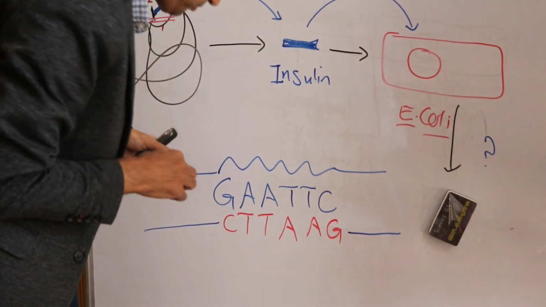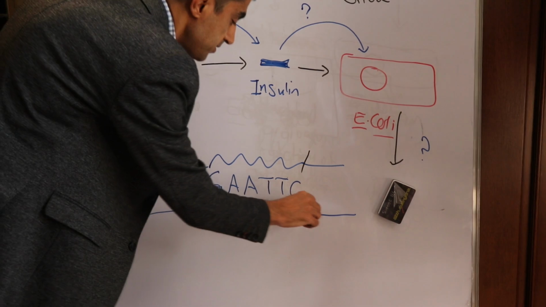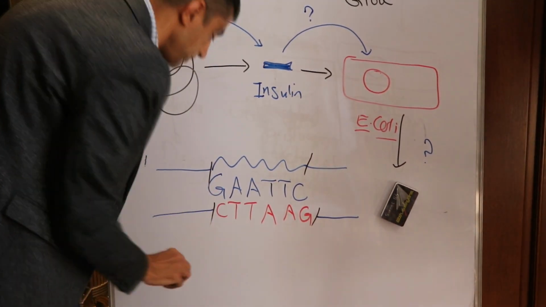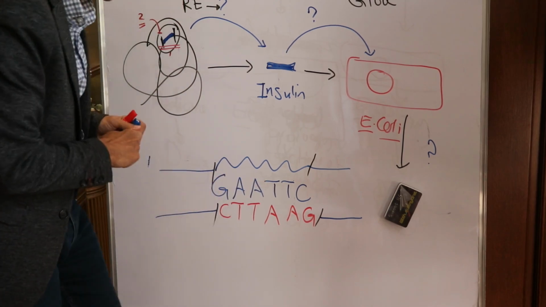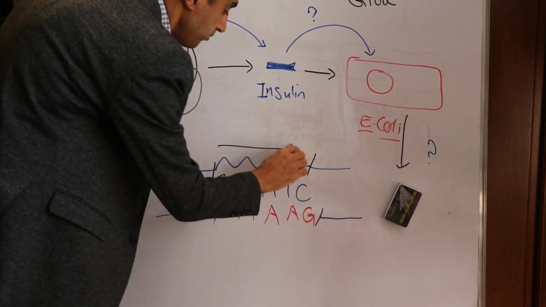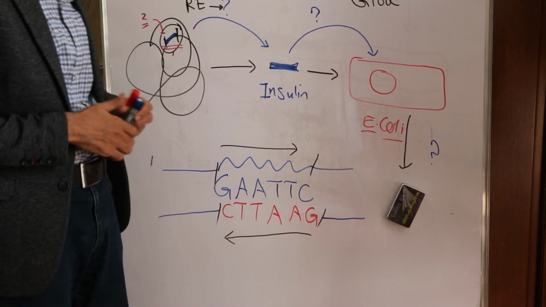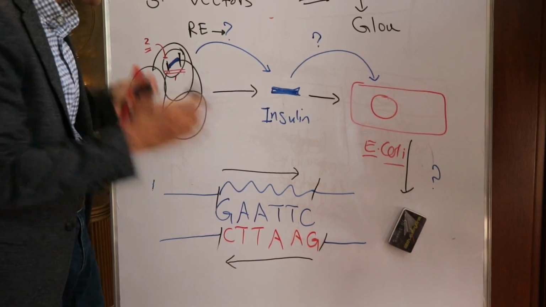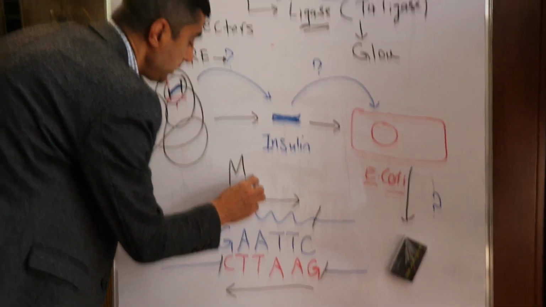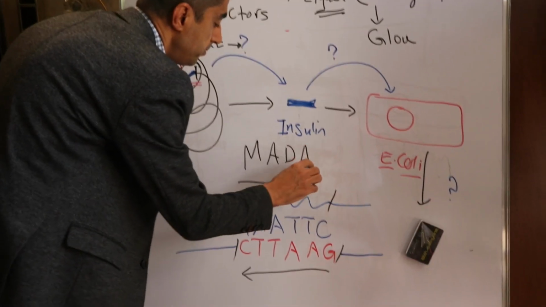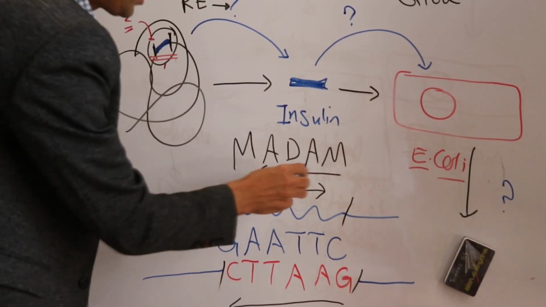So the restriction endonuclease enzyme cuts this one. How? Because it can be read from right to left or from left to right and is the same, just like the word madam.